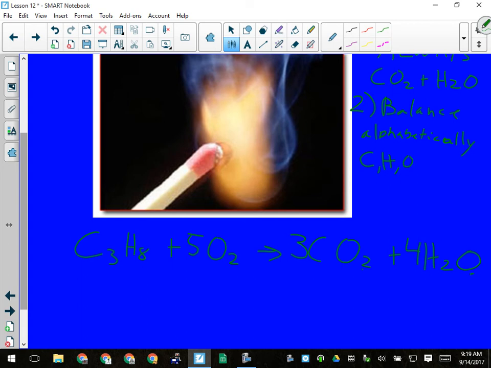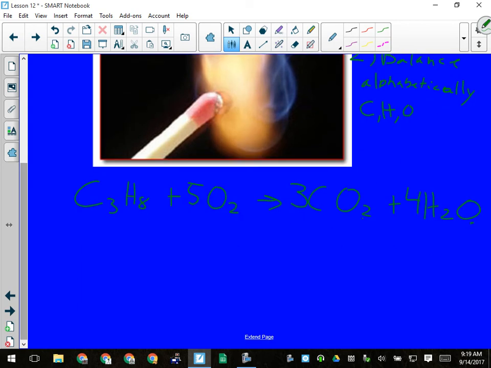There's one more rule, and it's going to happen when you get a compound that looks like this: C8H18. This is the active ingredient in gasoline. What's the active ingredient in gasoline?